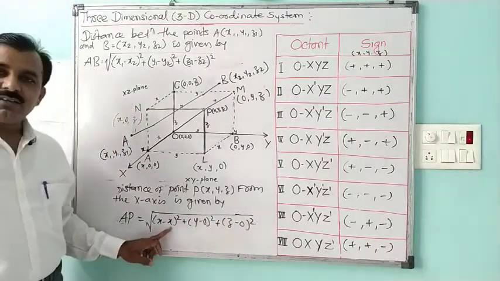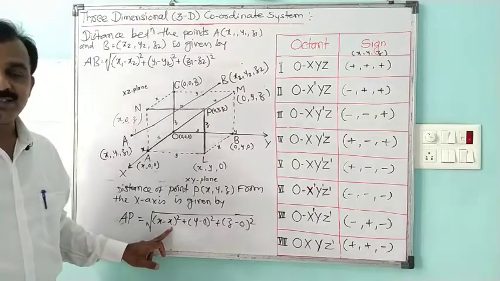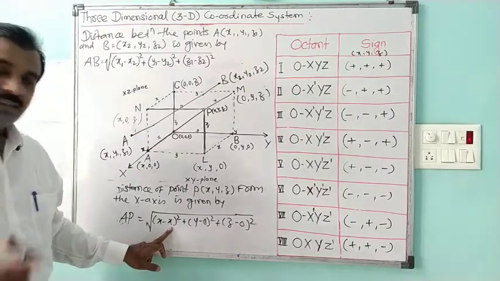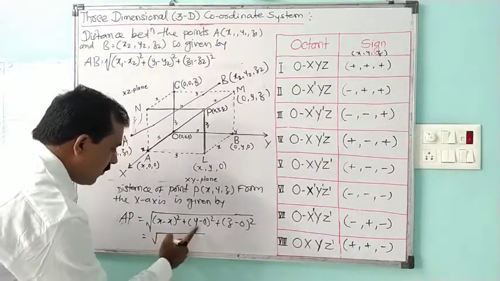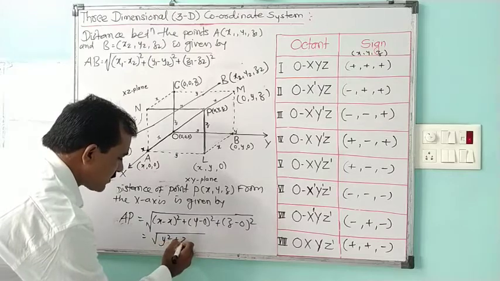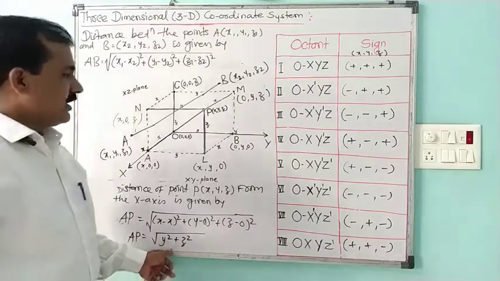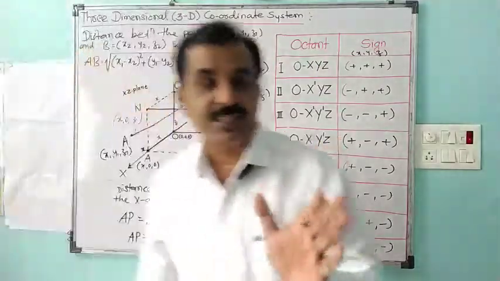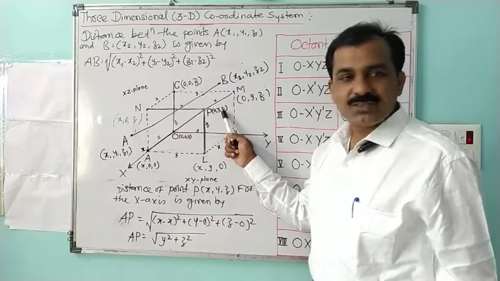Now in the first bracket, what is the value? x minus x is 0, and 0 square is 0. So the meaningful terms in the root will be y square plus z square. This is the perpendicular distance: the distance from the x-axis is the square root of y square plus z square.